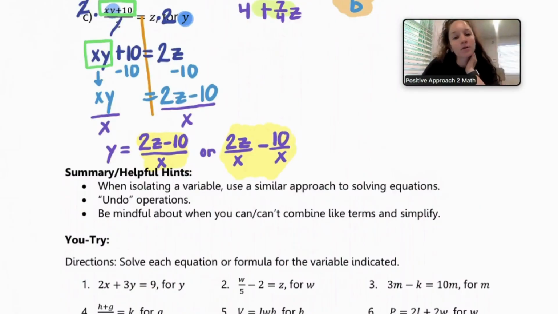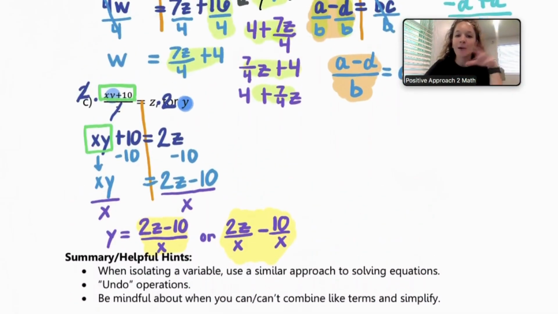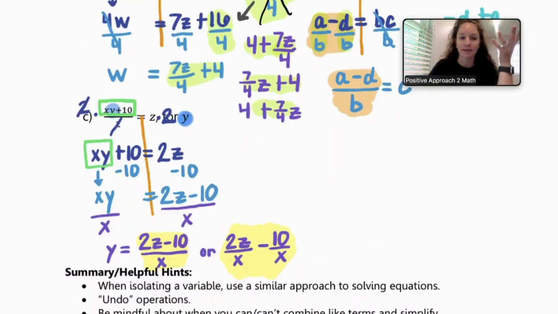Okay? So it's more a preference of how your teacher would like the final answer, but being able to recognize equivalent expressions is super duper important, because sometimes no matter what your teacher says, those standardized tests have something else up their sleeve, right? So you want to be able to recognize a bunch of things are equivalent. That first example was really great at showing you 4 different equivalent ways to represent W.